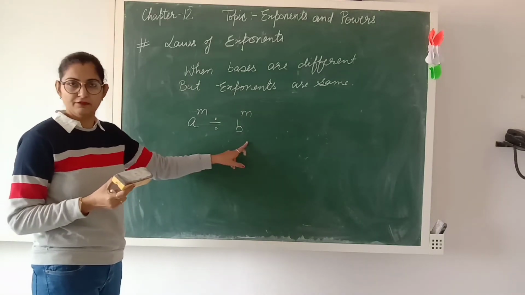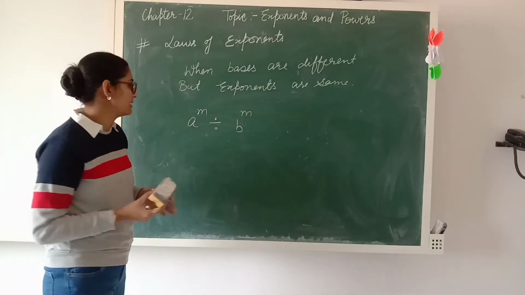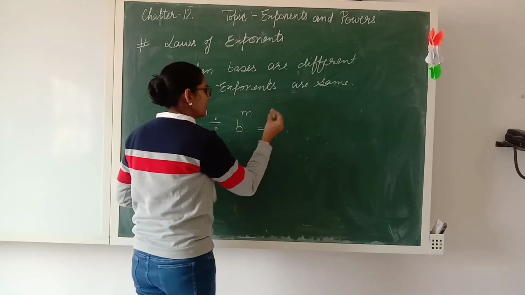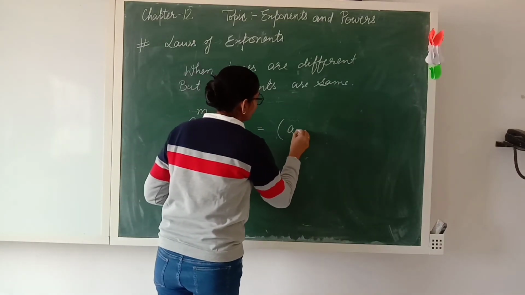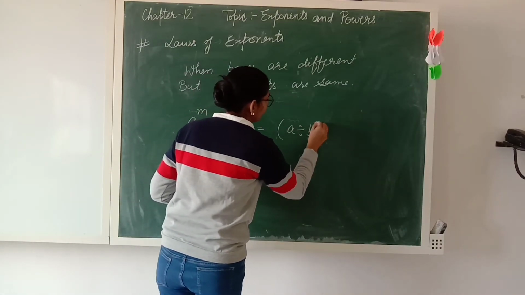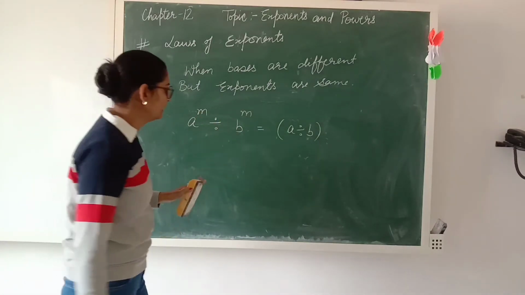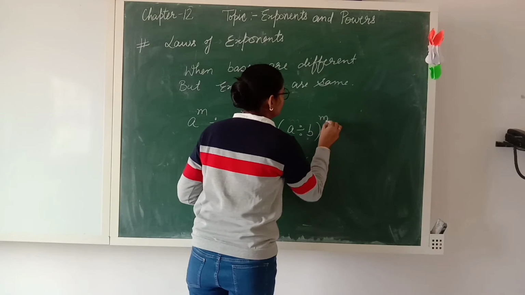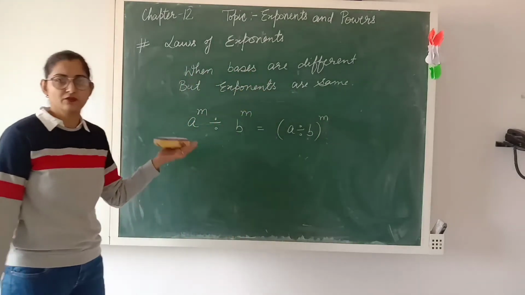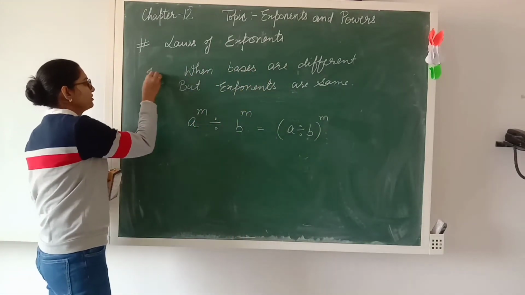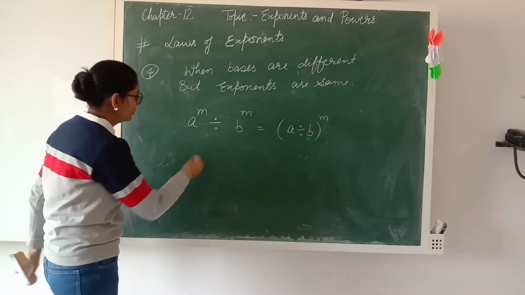Bases are different, but exponent is same here. So we do nothing different, we just divide a divided by b and write down the exponent same. Now we can solve this easily. This is your fourth property or fourth law.